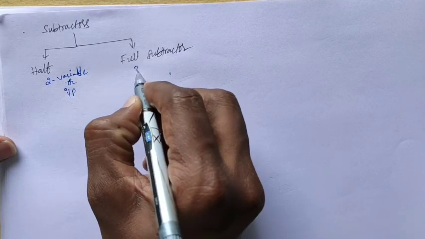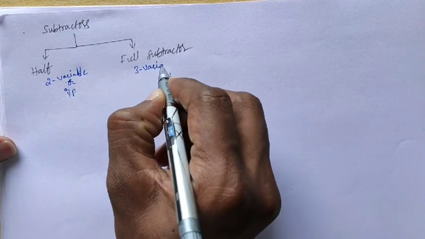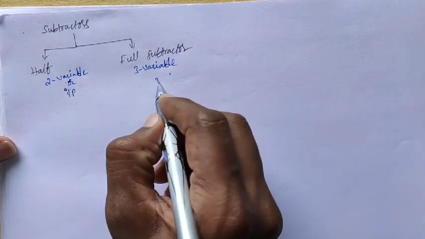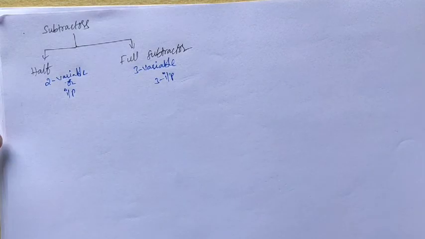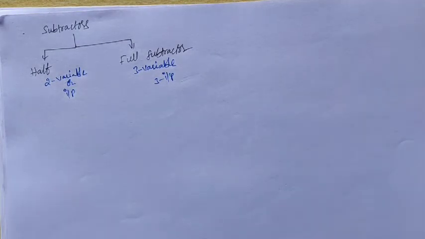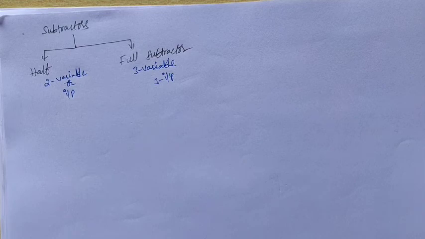Here it is three variables, meaning three inputs. Two input level, three input level. So what is the subtraction? How to subtract one number from another number, that means small number to large number.